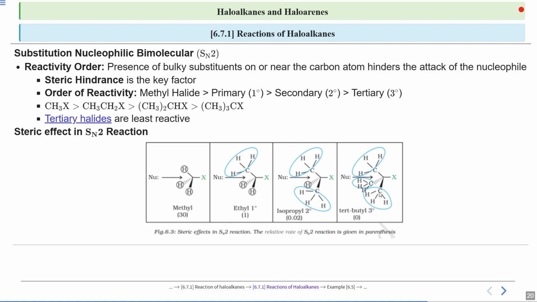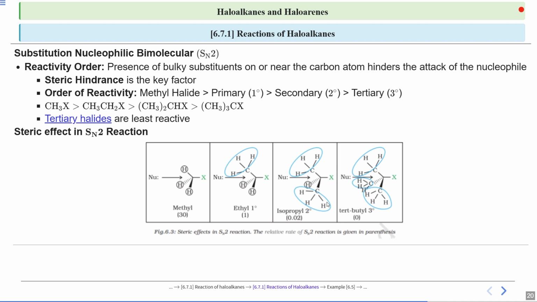And in the last case, tertiary butyl, the carbon is attached to 3 other carbons, because 3 methyl groups are present on this carbon. So the nucleophile can't effectively attack this carbon from the opposite side of the carbon-halogen bond. So the relative rate is 0.